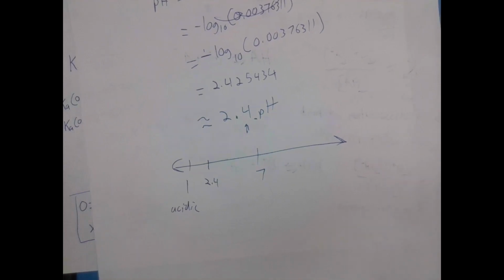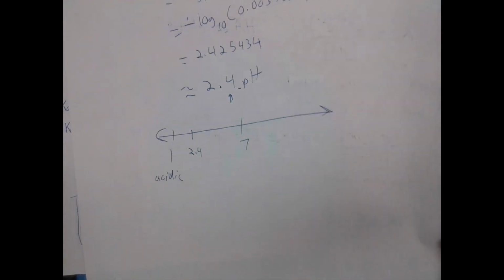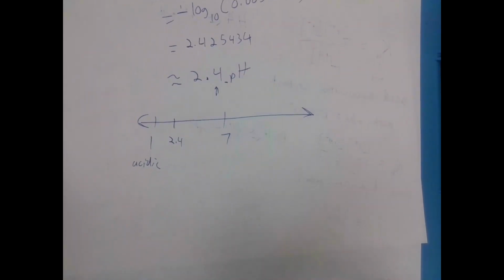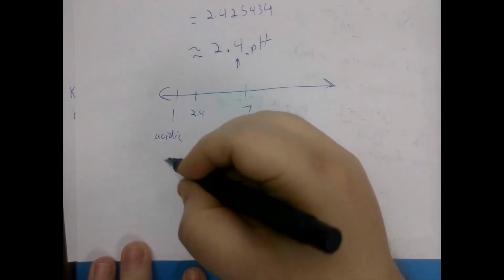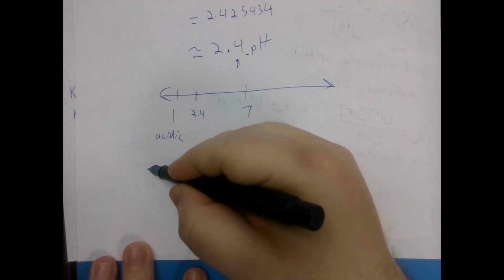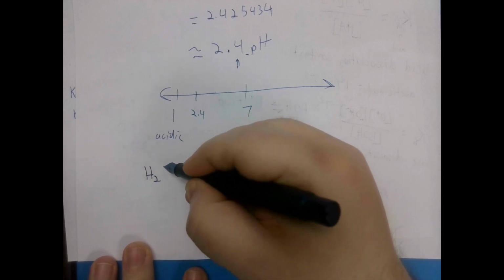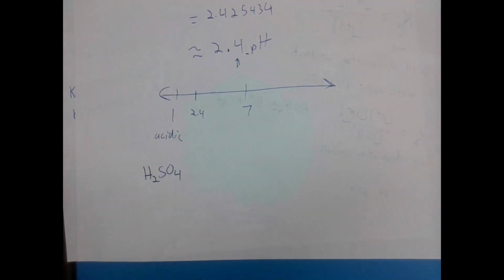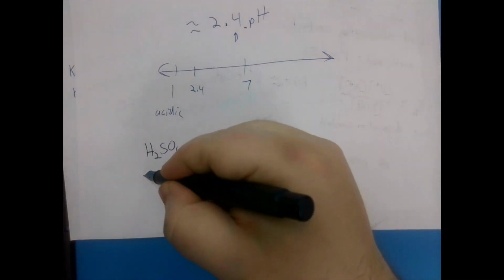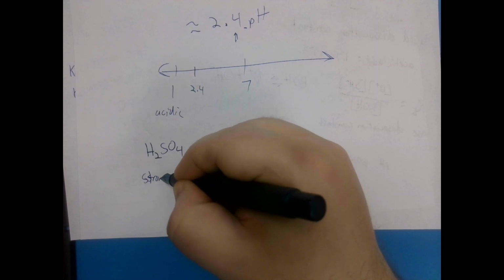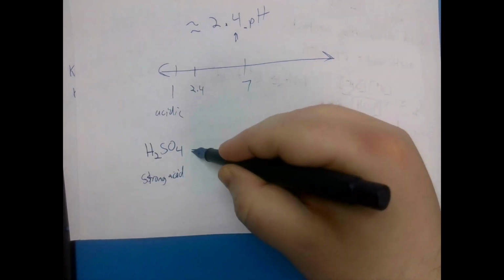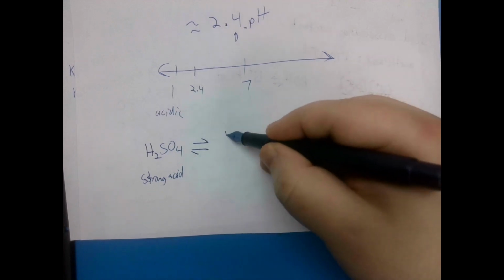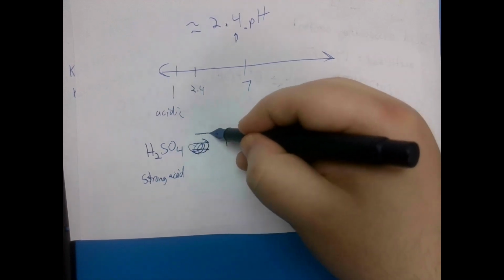I really wanted to do one more example, but I literally have 1 minute. So let's do it super fast. I'll do it tomorrow, but I just want to go ahead. Sulfuric acid. Sulfuric acid is a super strong acid. However, this should be one arrow.